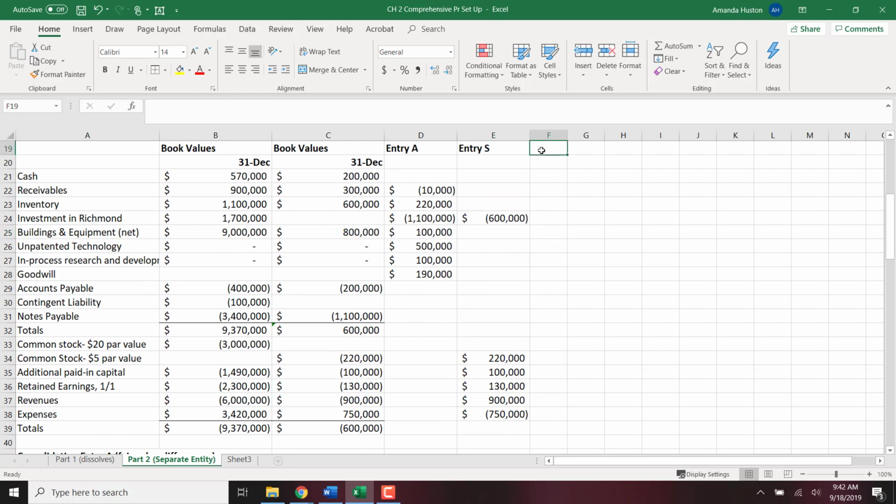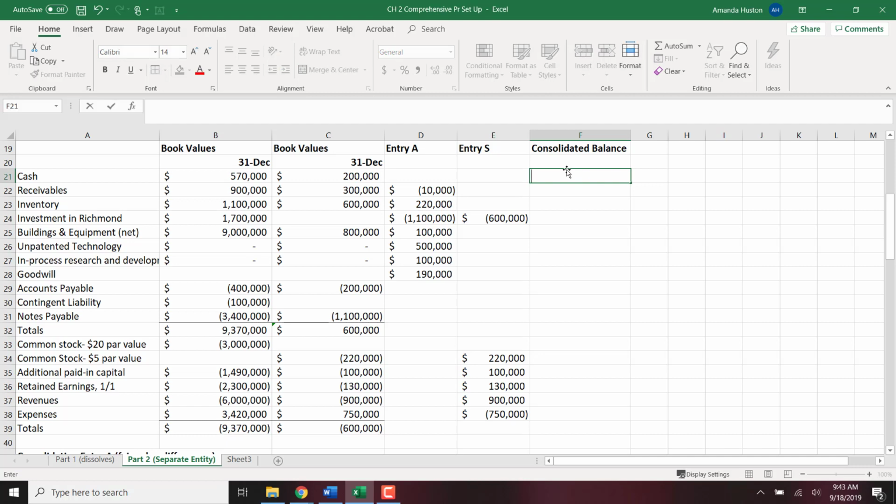So then we're going to get to a column, consolidated balance. We are going to add across, since we already put these in negative numbers. So I'm going to go down till here.